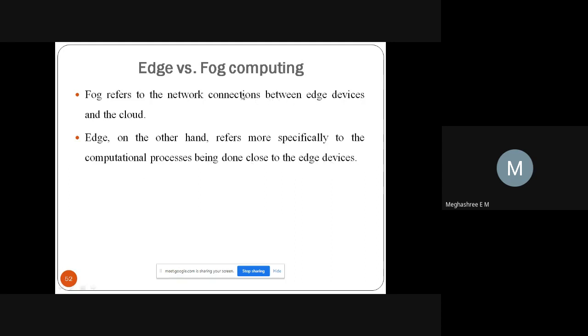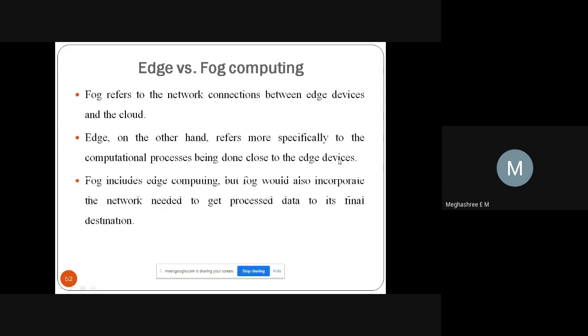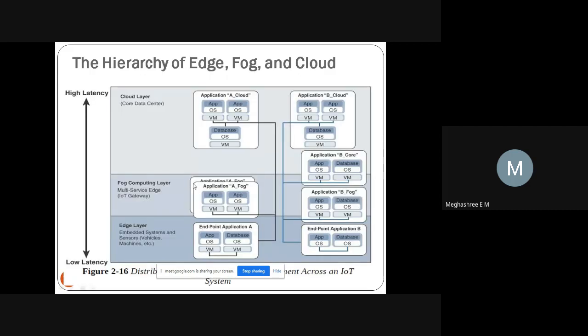You should understand the difference. Fog refers to the network connection between edge devices and the cloud, and edge is the computational process being done close to the edge devices. Okay, so fog always includes edge computing. That is one thing you have to remember.